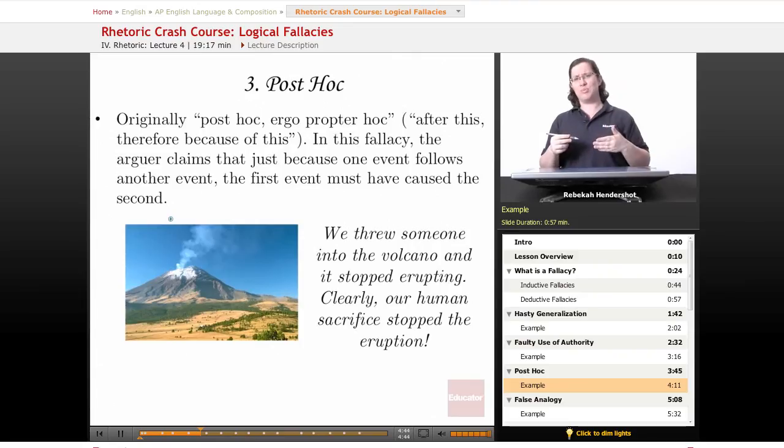No, actually, there was probably another cause. It probably didn't have anything to do with throwing a human body in there, unless it was a really small volcano and the body plugged it up. But again, because one event followed another event, somebody assumed that the first event must have caused the second. They made the post hoc fallacy. And this is how people get thrown into volcanoes. Don't do that. Don't engage in the post hoc fallacy, and definitely don't throw people into volcanoes.